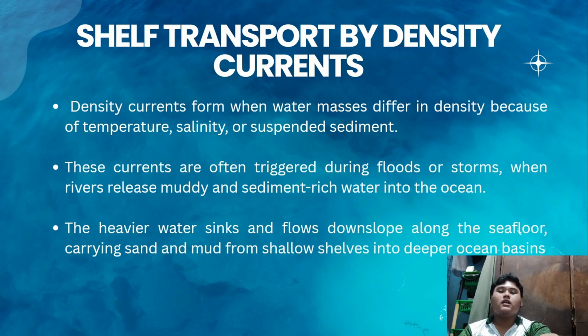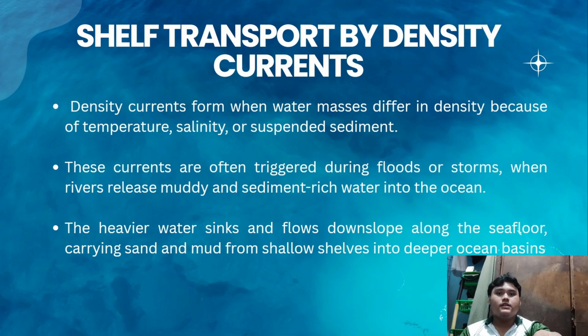sediment far offshore. Here in the PowerPoint presentation, shelf transport by density currents: density currents form when water masses differ in density because of temperature, salinity, and suspended sediments, just like what I've explained earlier.